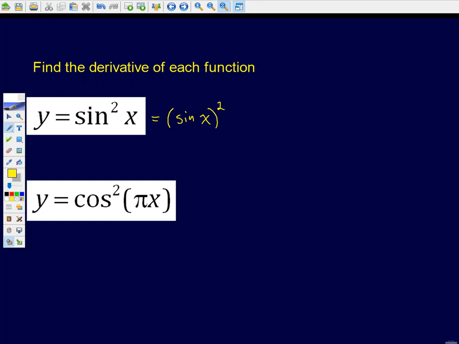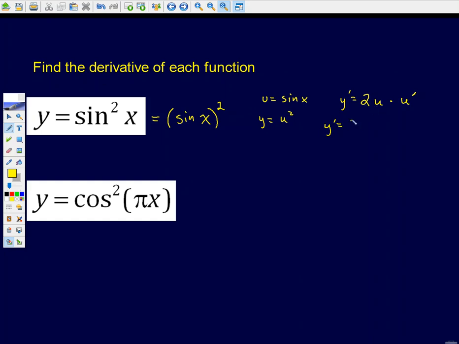Okay, so what's seen this time is that, making the substitutions, we're going to call u sine x, and then the main function is y equals u squared, right? So my derivative for y prime is to find the derivative of y with respect to u, which is going to be 2u to the first, multiplied by u prime.